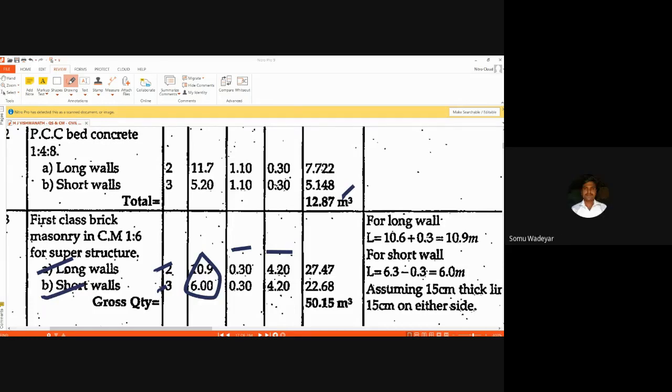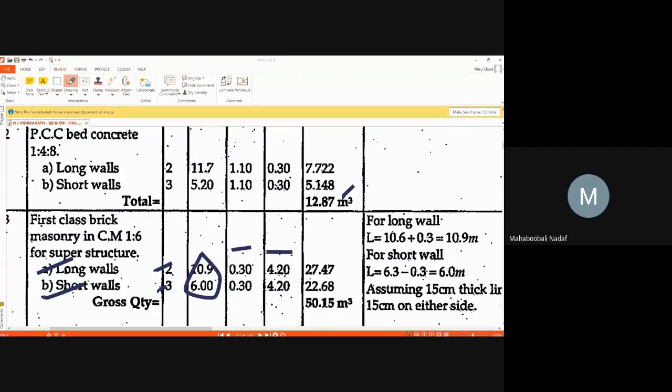Width 0.3, sir, height 4.2. Are you referring to the cross section, or whatever is written on the screen? Cross section. Vinayak Pujari, can you tell me? Width is 0.3, sir, and height is 4.2, sir.